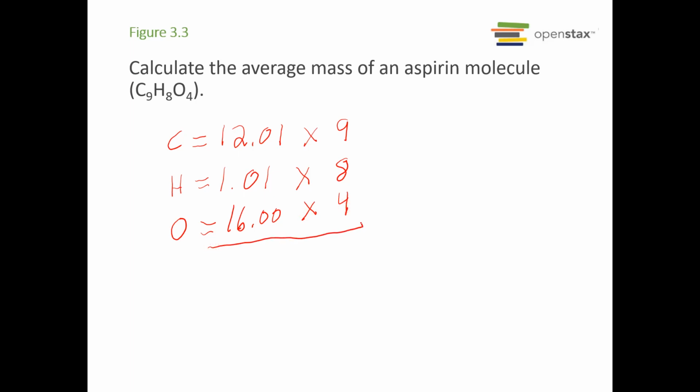If you put into your calculator 12.01 times 9 plus 1.01 times 8 plus 16 times 4 and hit enter, you come up with a total of 180.17 AMU. So the average mass of an aspirin molecule is 180.17 AMU.